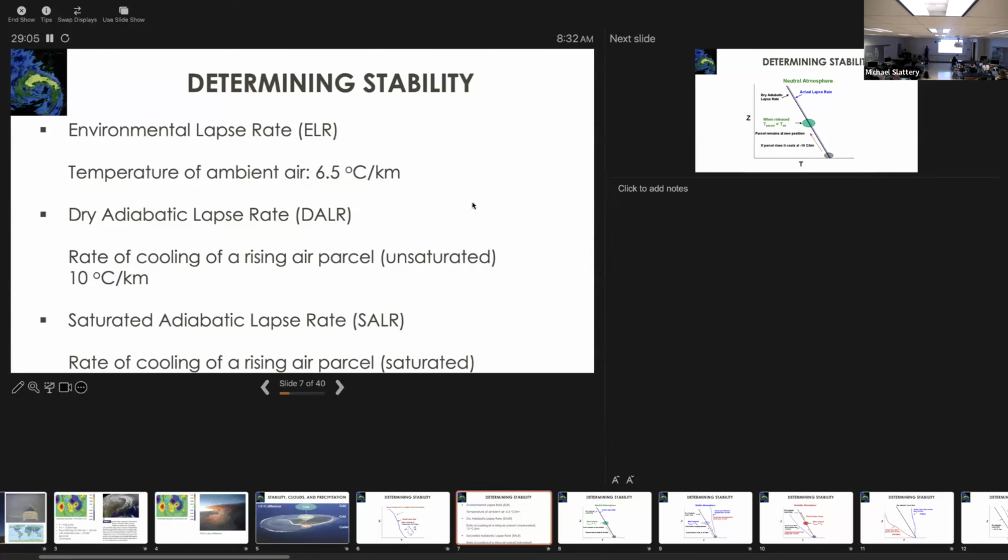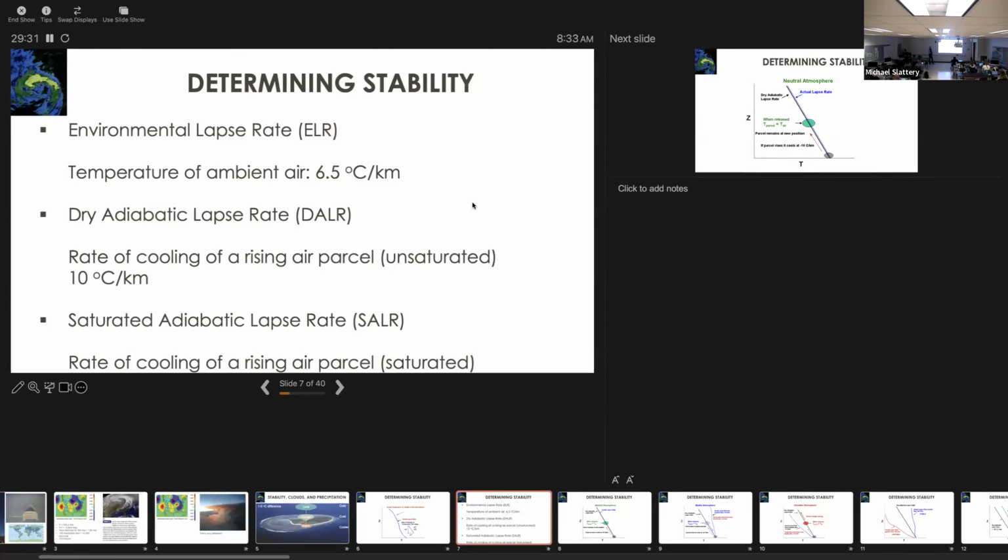So the dry adiabatic lapse rate refers to any parcel sitting down here in relation to the vapor pressure temperature curve. Unsaturated air. If it's dry, which by definition means it's unsaturated, and you lift it, it's going to cool, and it's going to cool at a set rate, 1 degree Celsius per 100 meters, 10 degrees Celsius per kilometer.